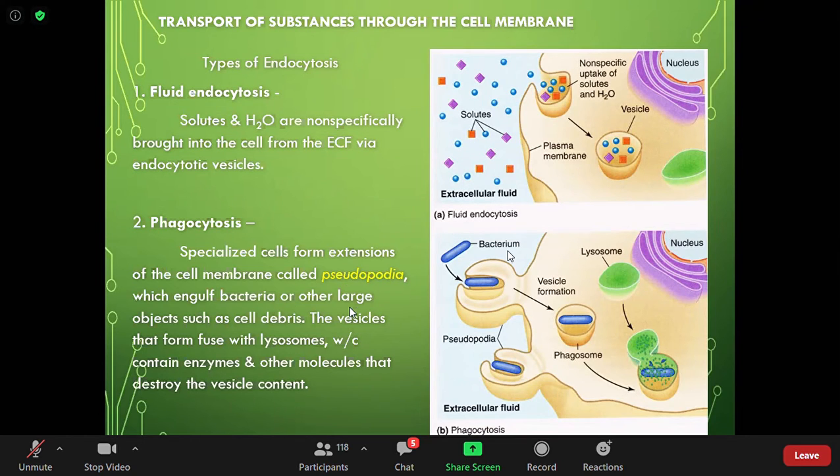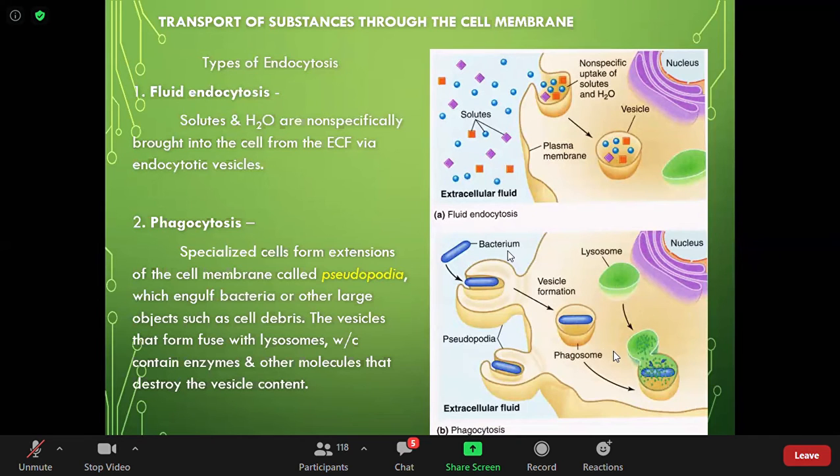Phagocytosis is when specialized cells form extensions of the cell membrane called pseudopods, or pseudopodia. And then these engulf bacteria, for example, or other large objects such as cell debris. The vesicles that form fuse with the lysosomes, which contain enzymes and other molecules that destroy the vesicle content.